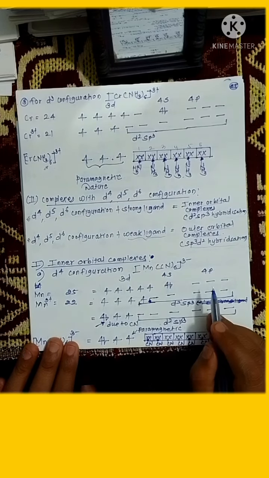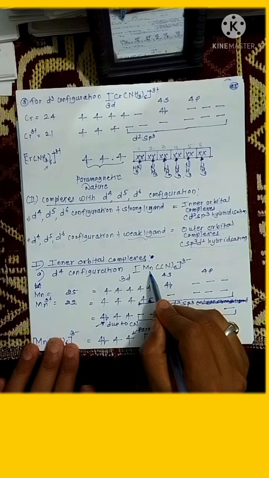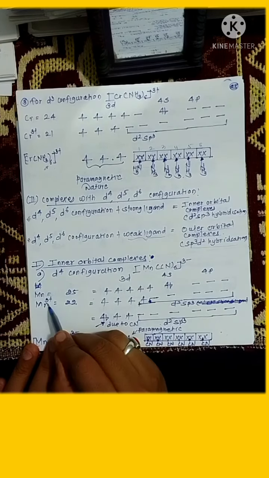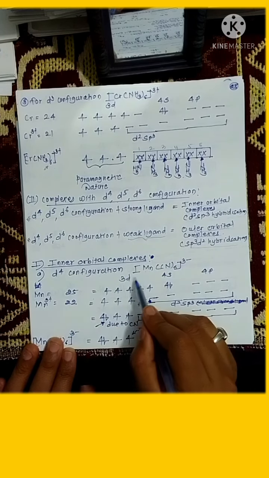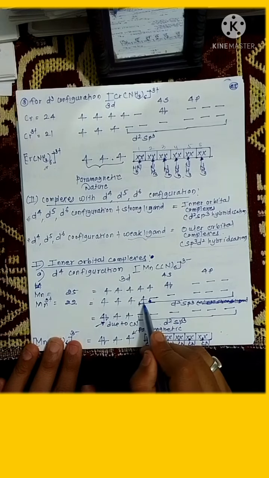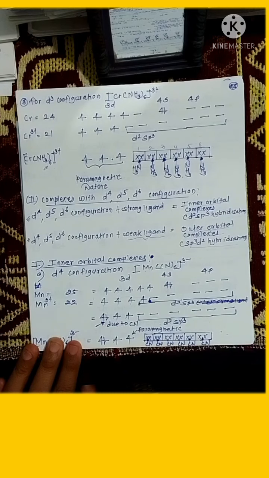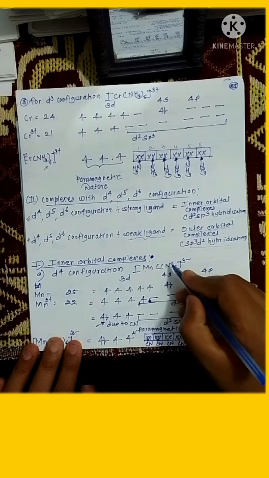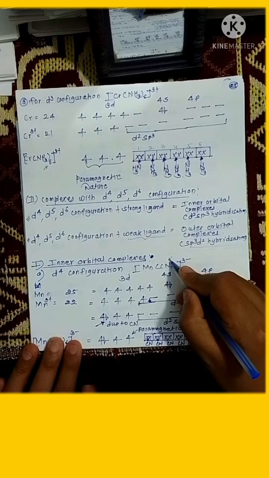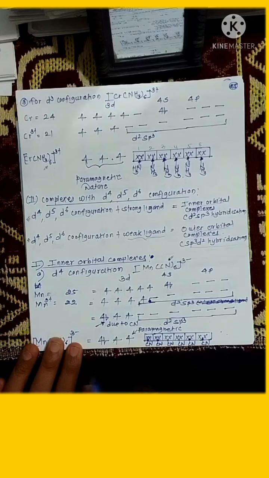In this complex, manganese is present in the 3+ oxidation state. So the electronic configuration is written as 3d4 4s0. Now just see your ligand, that is the cyanide ligand, which is a strong ligand. Because of this, the pairing effect occurs.